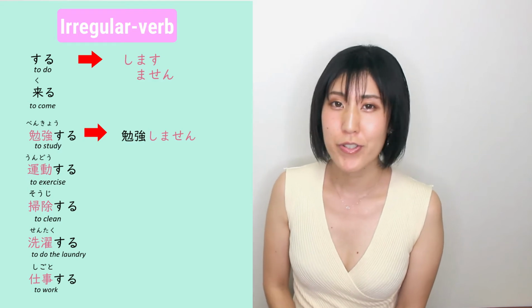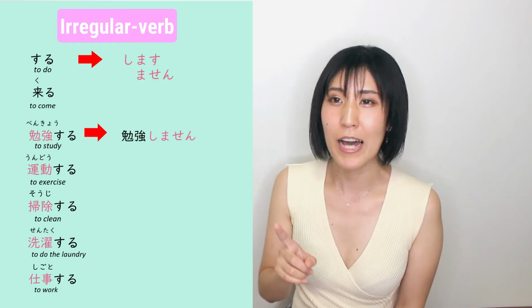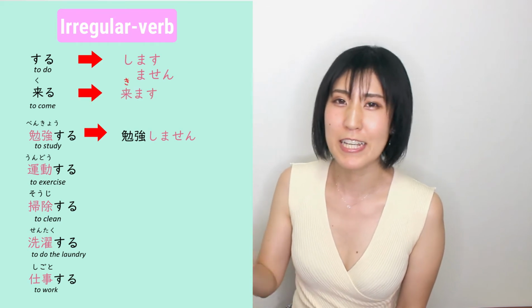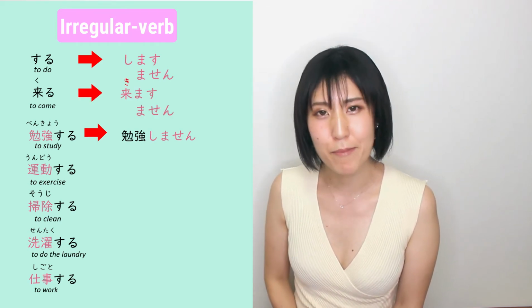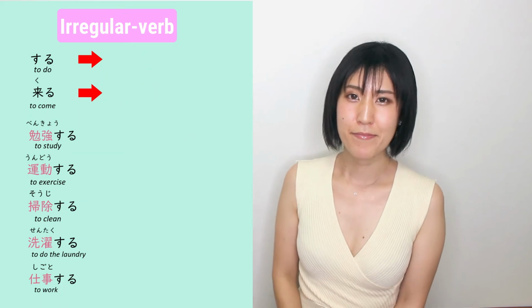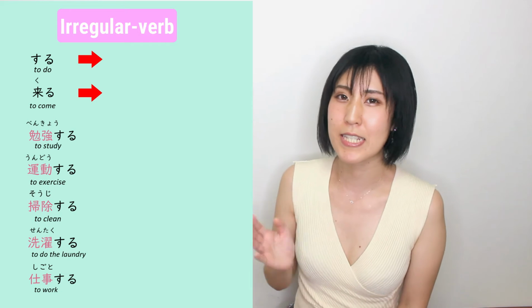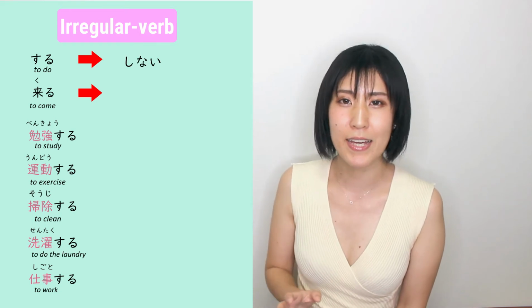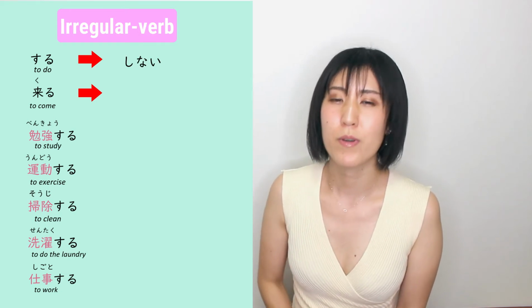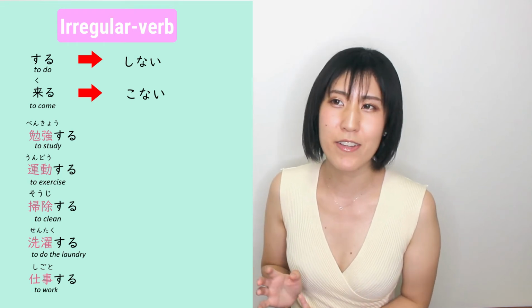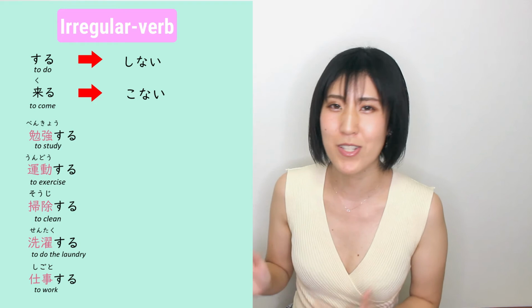And 来る is the same, so it goes up to the i sound, き, and then drop る: 来ます、来ません. Short form of する is しない. 来る is 来ない.